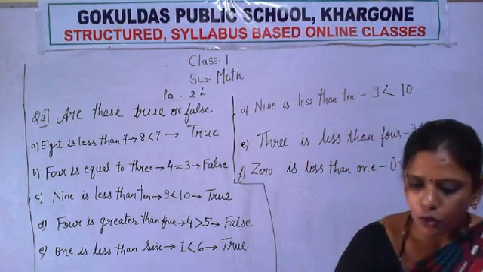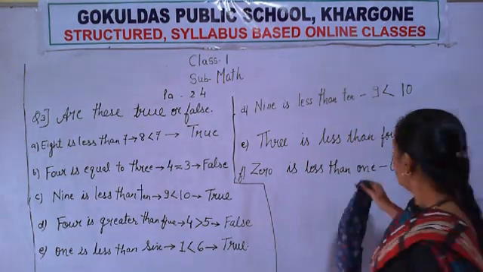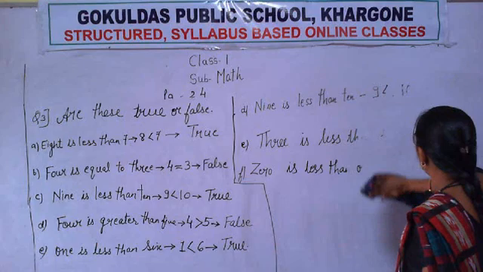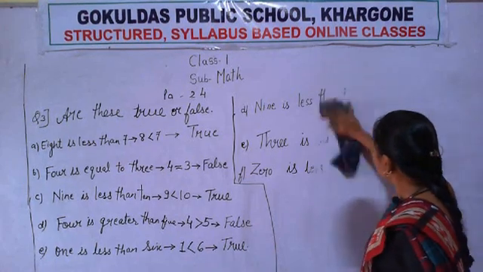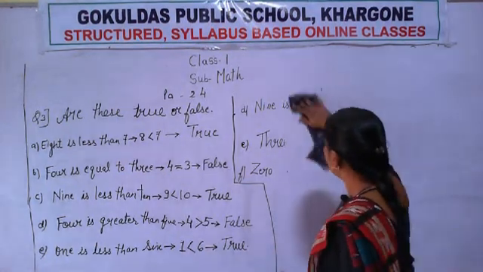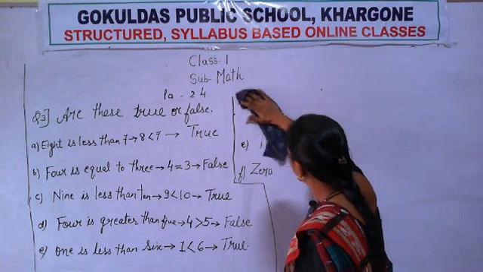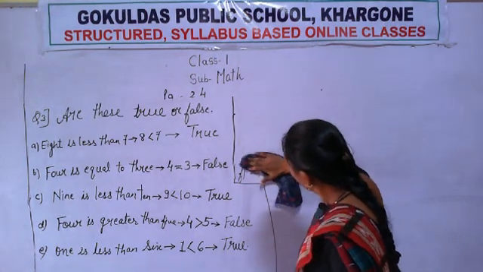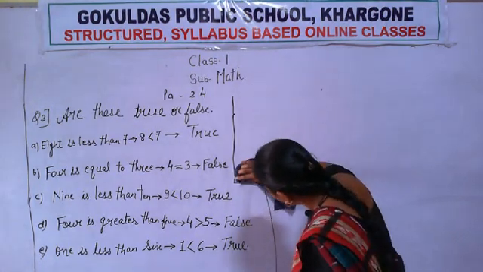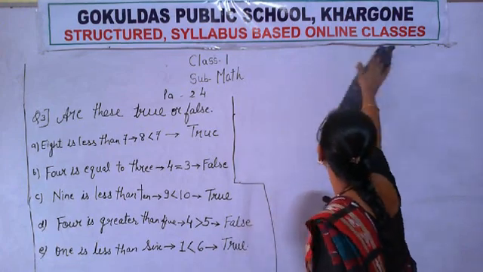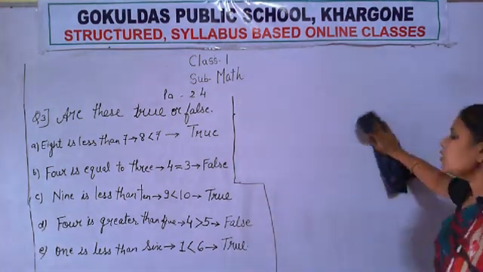I hope all of you are writing with me. The exercise given on page number 24, the 3 questions, today we have solved these questions. All of you have to write these questions in your notebook. Those who have written just now, it is okay.